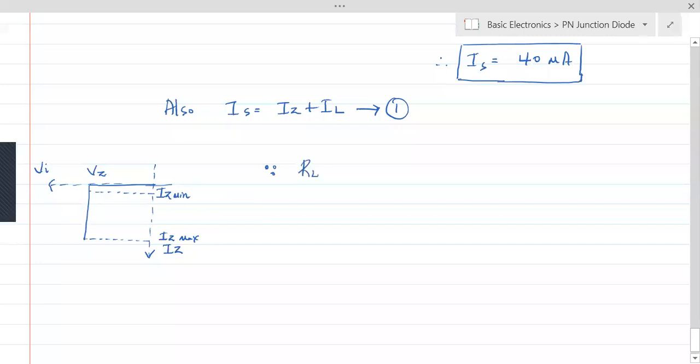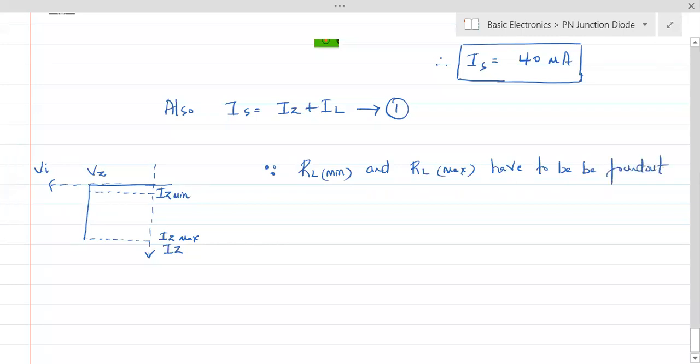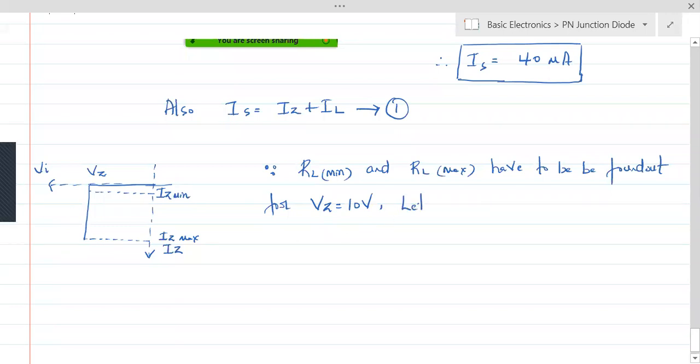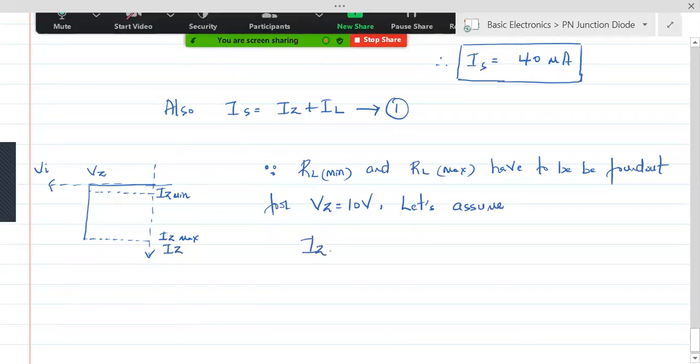Since RL minimum and RL maximum have to be found out for VZ equal to 10 volts, let's assume IZ minimum is 0 amps.